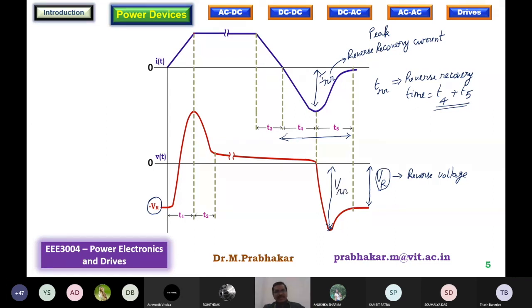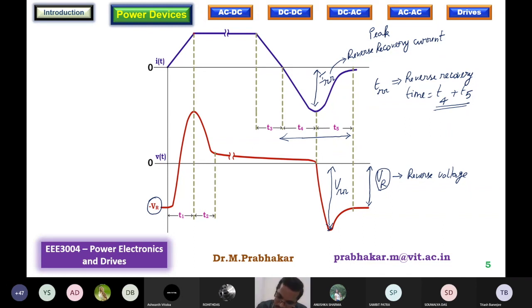I'm not writing that, it is self-explanatory. So you have these 3 or 4 distinct parameters: TRR, reverse recovery time; IRR, peak reverse recovery current; VRR, peak reverse recovery voltage; and VR, the reverse voltage blocking capability. Fine. So this completes the turn off process.